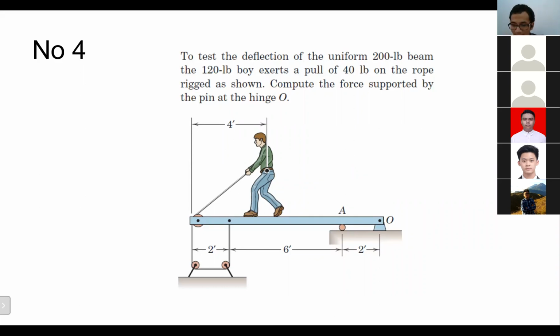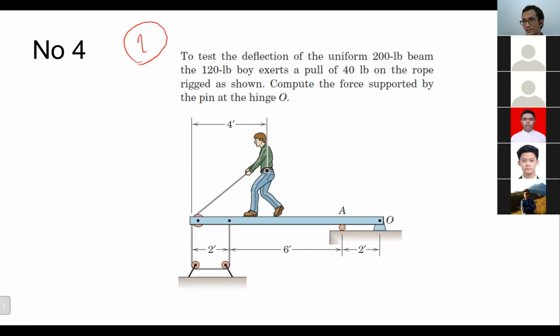Yes. So for number 4, as long as you understand completely how to choose the correct system to be drawn in the free body diagram, it can be solved. But remember, this one is not as easy as our first problem today, because for this one, only one free body diagram can solve this particular problem.